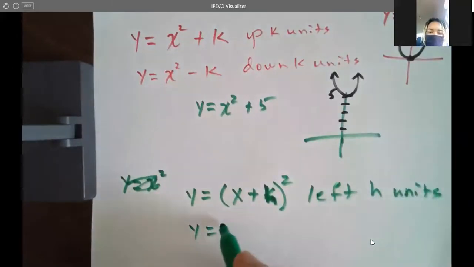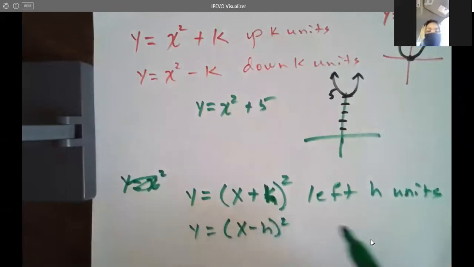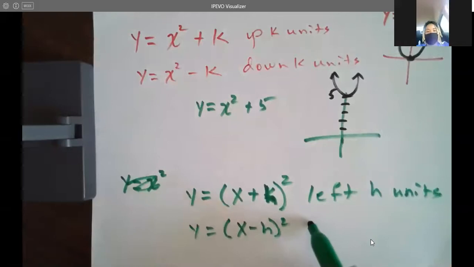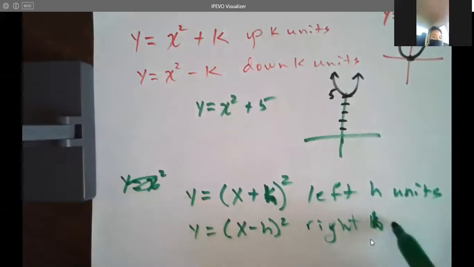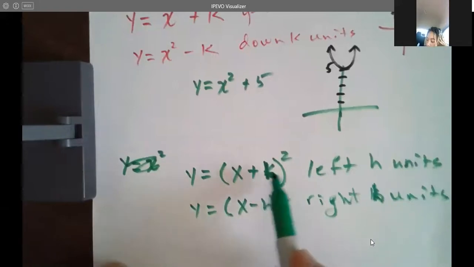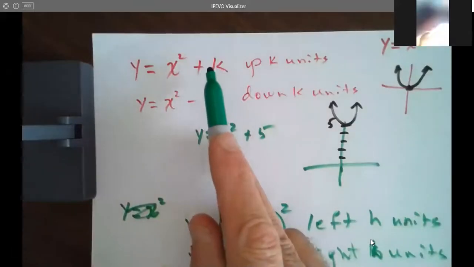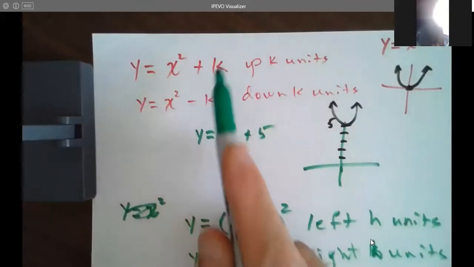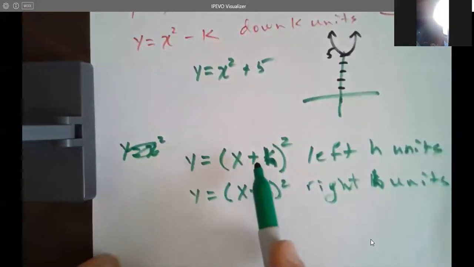And if you have y equals x minus h, parentheses squared, then it's going to shift right h units. So if it's inside parentheses, it's right or left. If it's outside of parentheses, like plus or minus, then it's up or down. Inside parentheses, it's opposite of the sign.